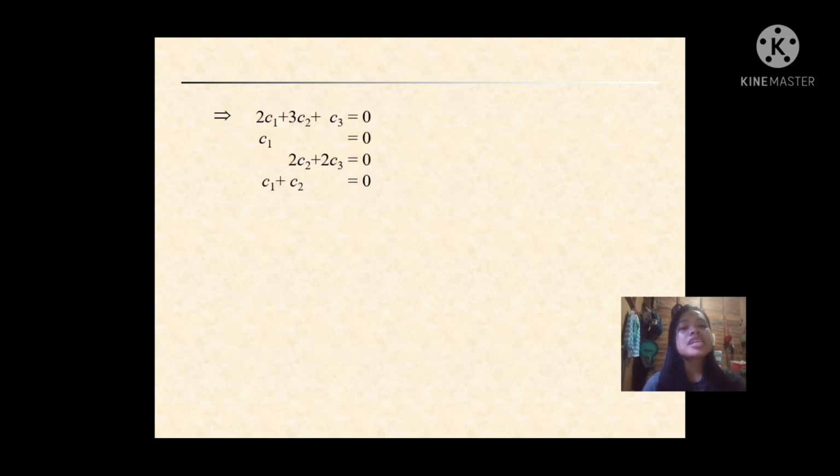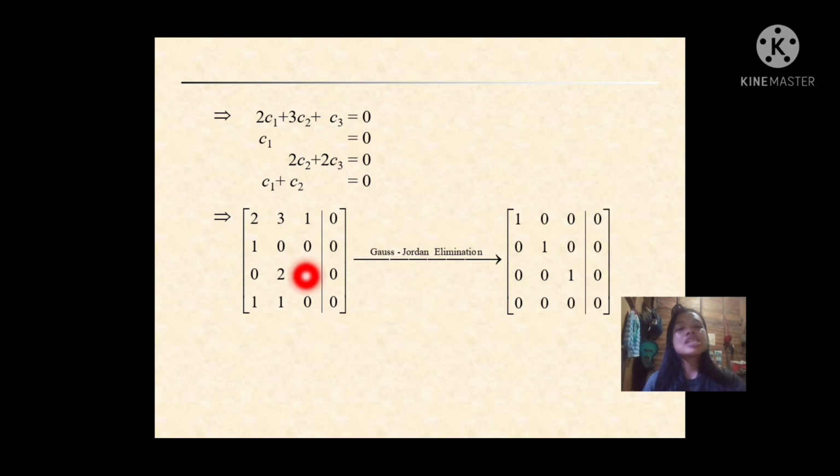Then 2c sub 1 plus 3c sub 2 plus c sub 3 equal to 0. c sub 1 plus 0 equal to 0. 0 plus 2c sub 2 plus 2c sub 3 equal to 0. Then c sub 1 plus c sub 2 plus 0 equal to 0. And this will be the 4 by 4 matrix.